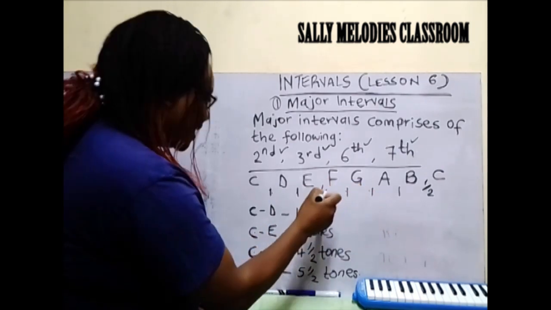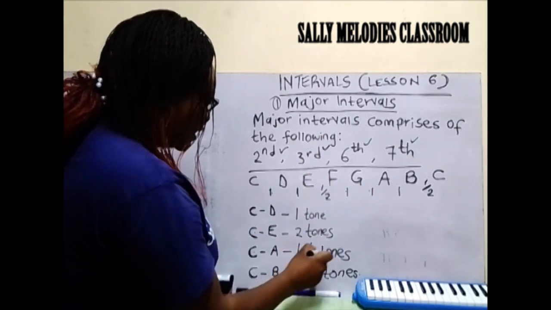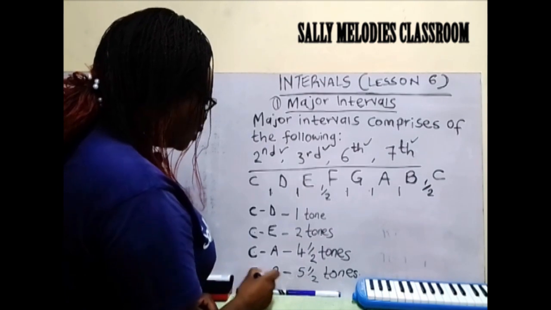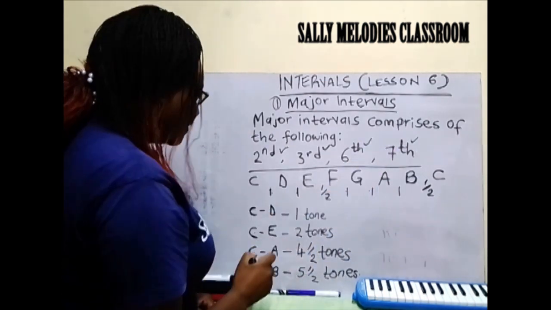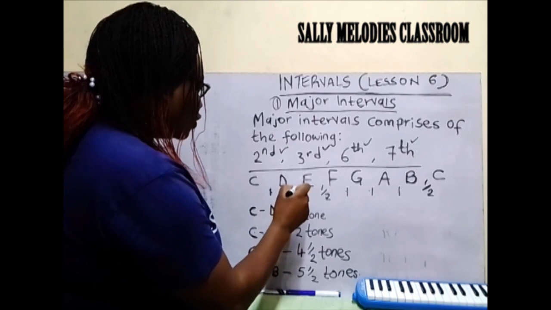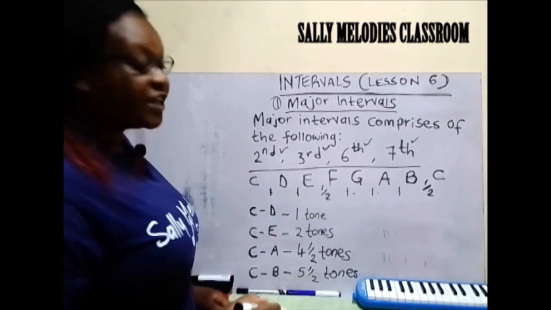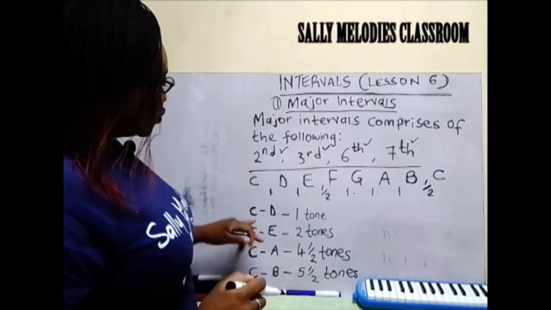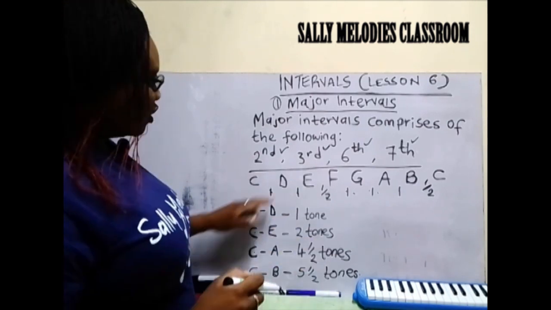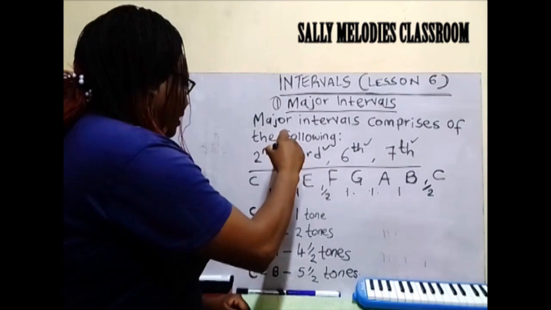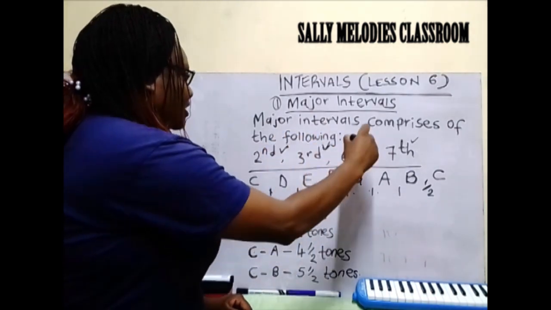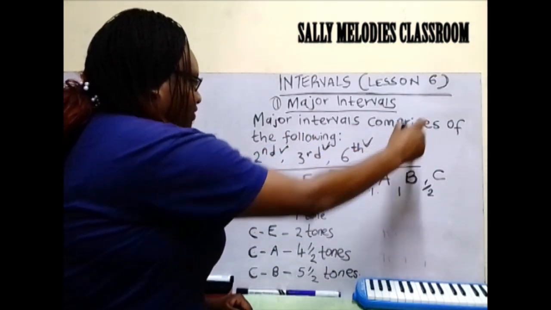That is 4.5 tones. And then from C to B, which is a seventh, we have 1, 2, 3, 4, 5, and a half. So all these are major intervals: a second, a third, a sixth, and a seventh.